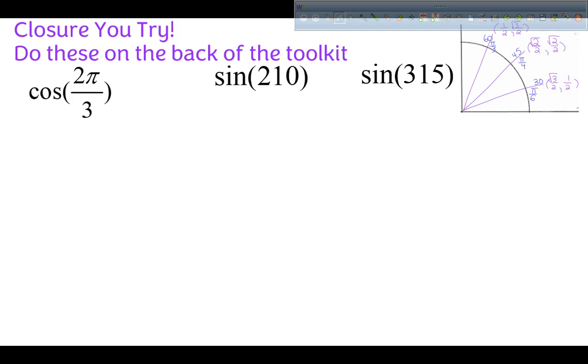Those are the only ones I have. The denominator of 3 tells me which one I'm going to use. It's comparable to pi over 3 because it has the same denominator. So I'm going to use the coordinate point there, which is 1/2, root 3 over 2. You have to figure out which one you're going to use, and then think about what quadrant it's in. So that one's a little tougher.